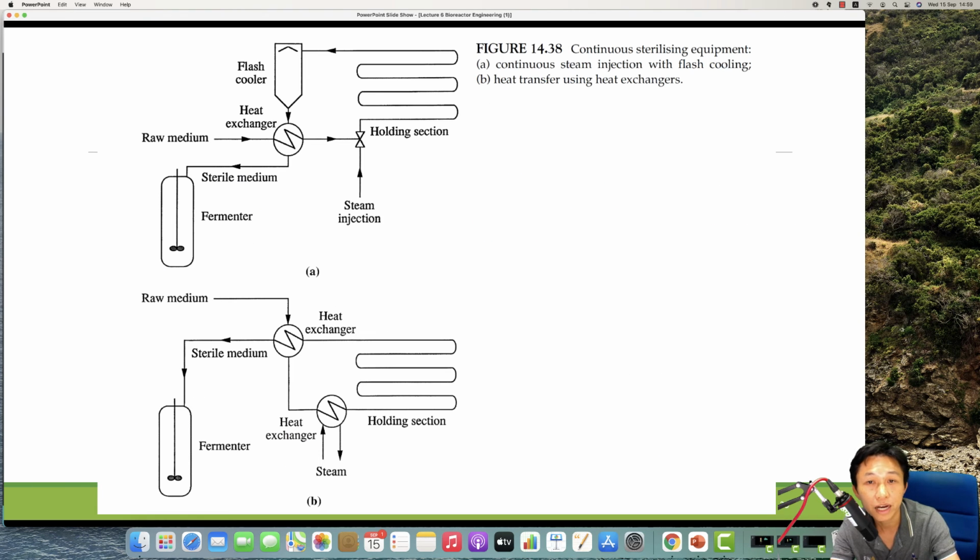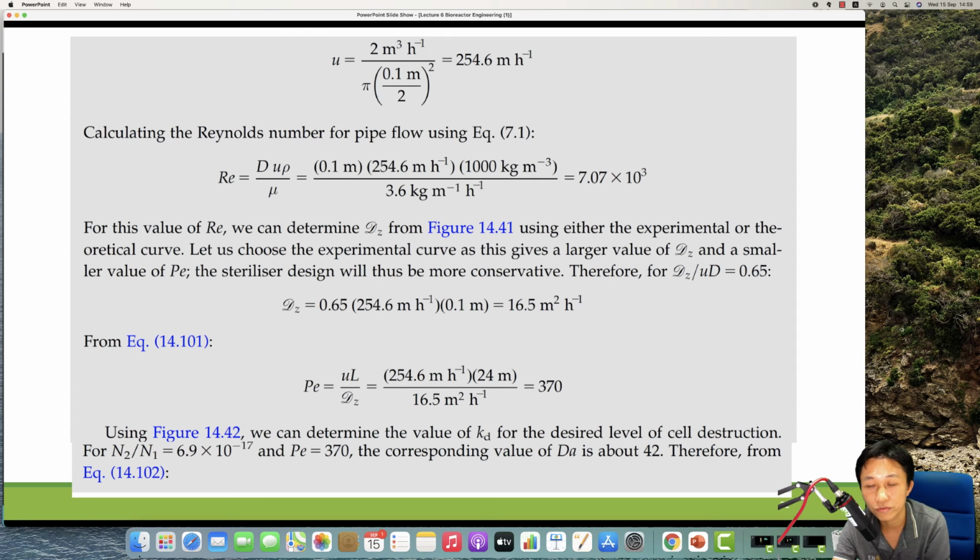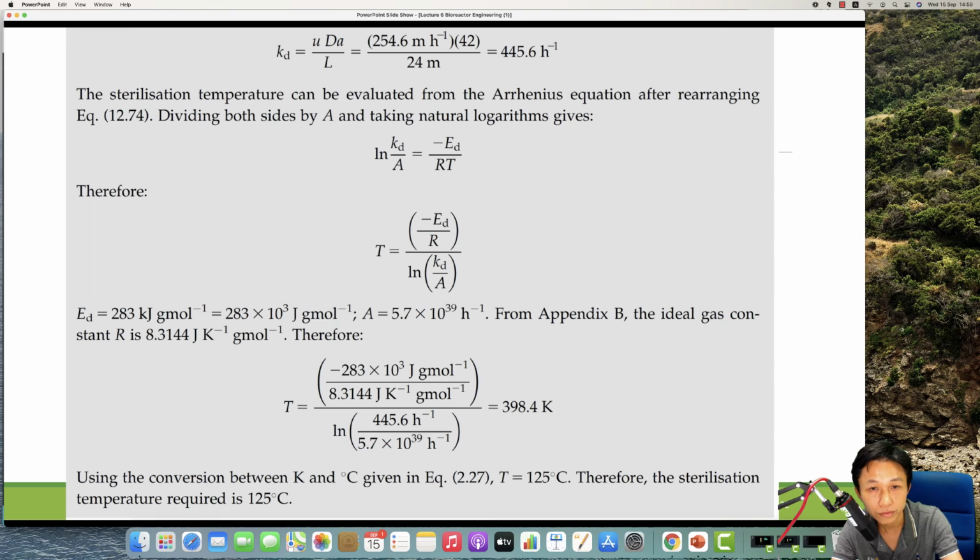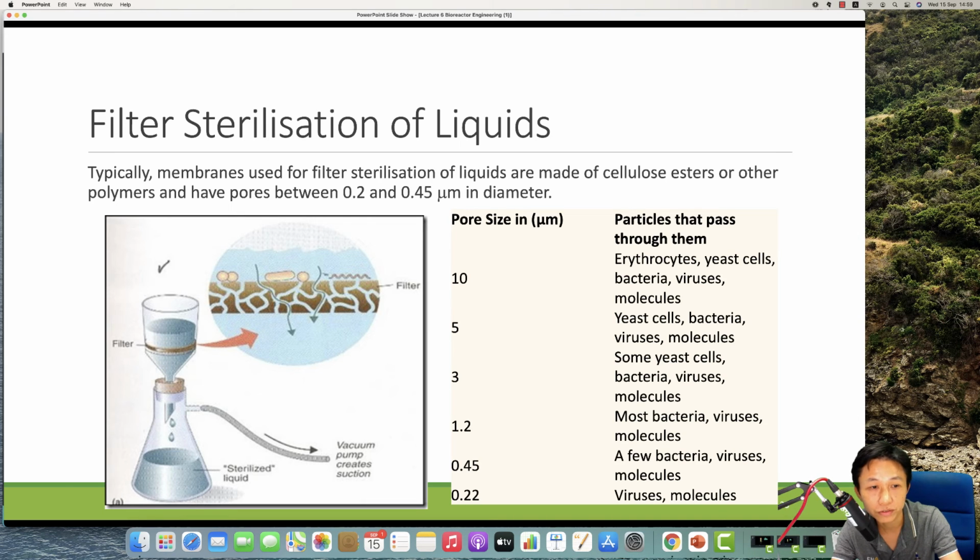sterilization. Sometimes some liquid is very fragile or very sensitive to temperature, so we cannot use temperature to sterilize. We need to pass it through a filter, which sometimes is very expensive. And then this is the pore size of the filter.